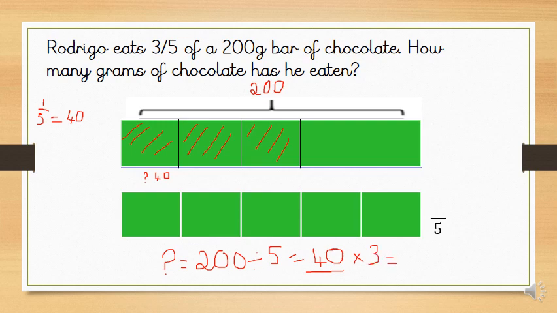And again, we can use our knowledge of times tables to help us. If we can do 4 by 3, we can do 40 by 3. So 4 multiplied by 3 is 12. So 40 multiplied by 3 is 120. So we can work out now that 3/5 of 200 grams equals 120 grams.